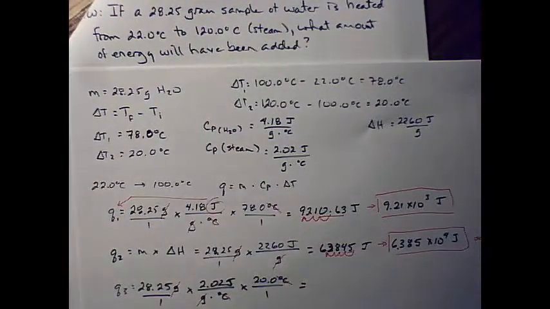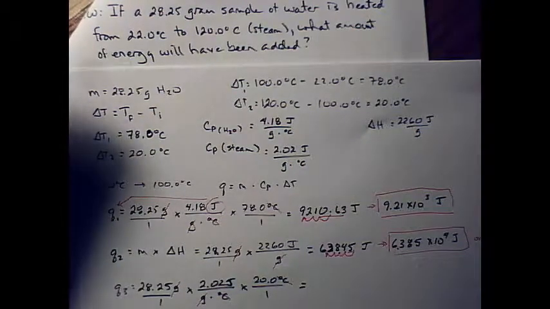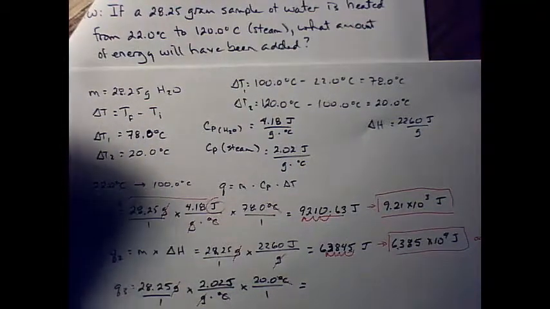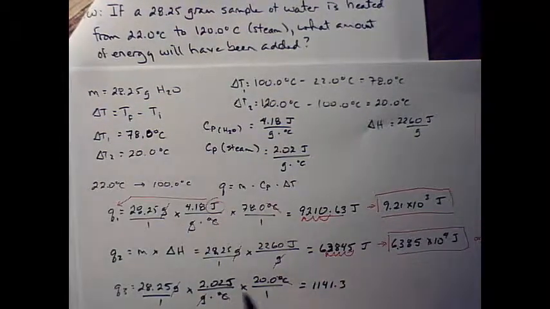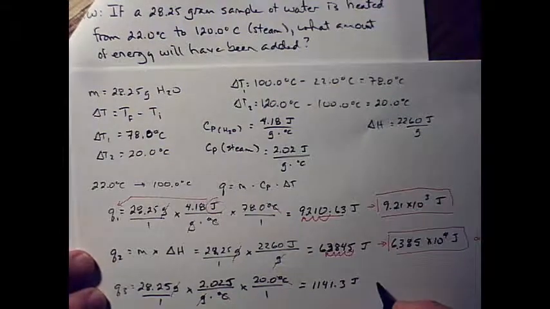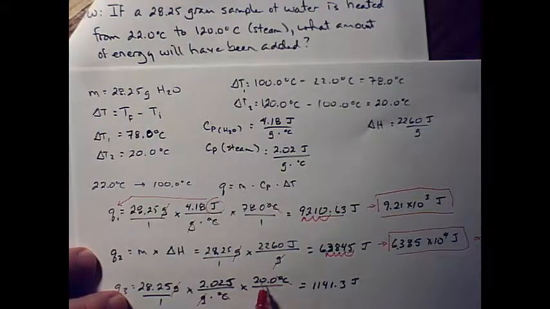And rather than have some debate over what the actual answer is, I'll just do this one. And I got 1141.3 joules left. That's our unit of measurement. I need to round off to 3 digits. This calculated number and this calculated number have 3 digits.